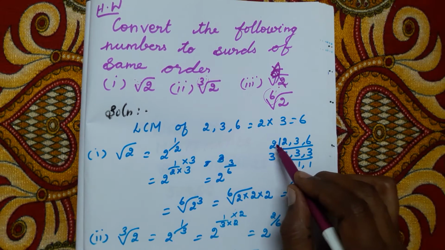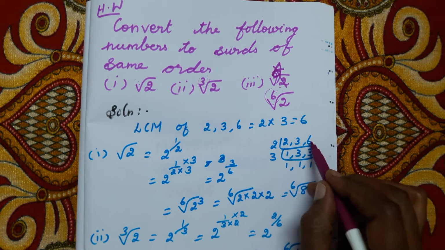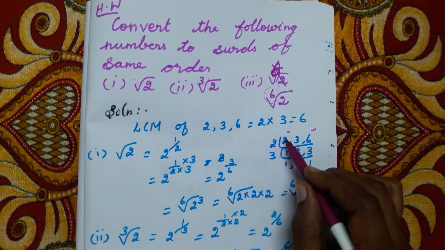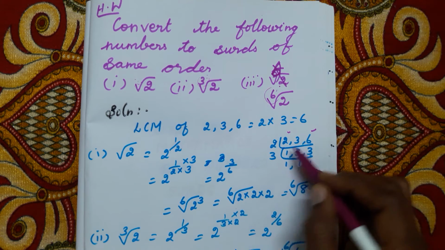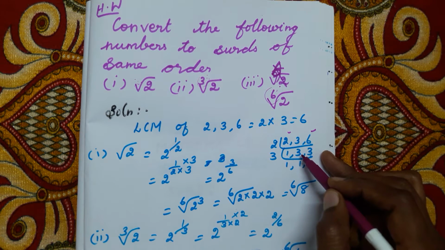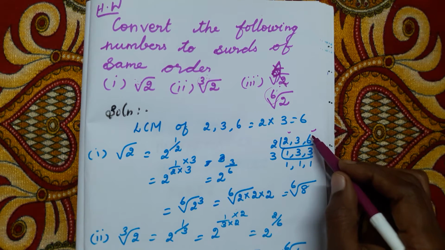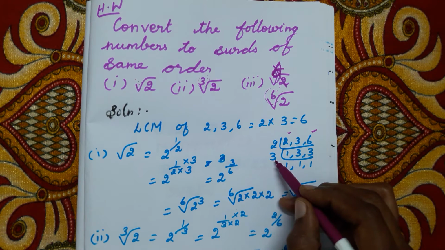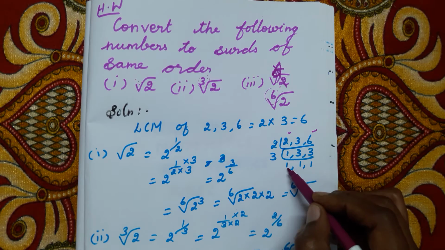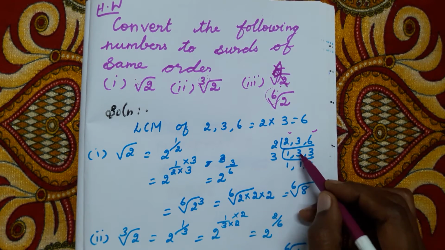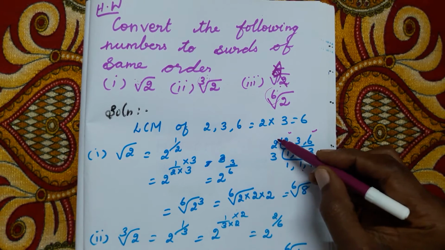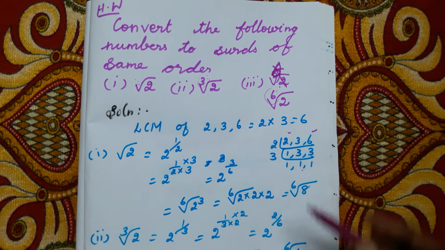Factorize with the table: 2 divides 2 and 6, so 1, 3, 3; 3 divides 3 and 3, so 1, 1, 1. So the LCM is equal to 2 into 3, which is 6.